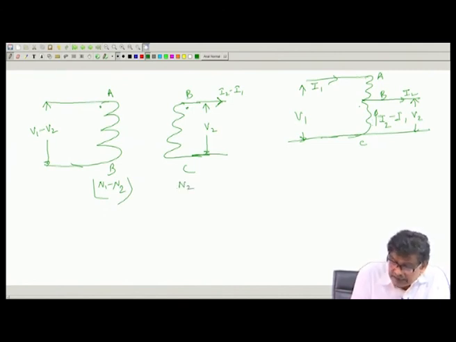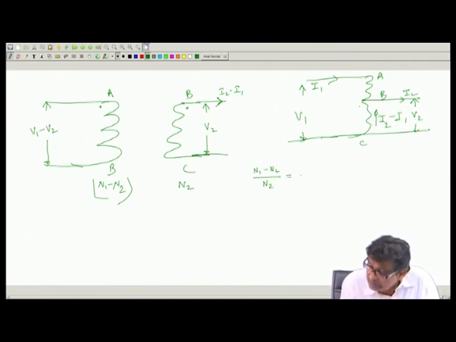I will say that this is a transformer whose turns ratio is N1 minus N2 by N2, and this is then equal to a minus 1, because I have defined a to be N1 by N2.